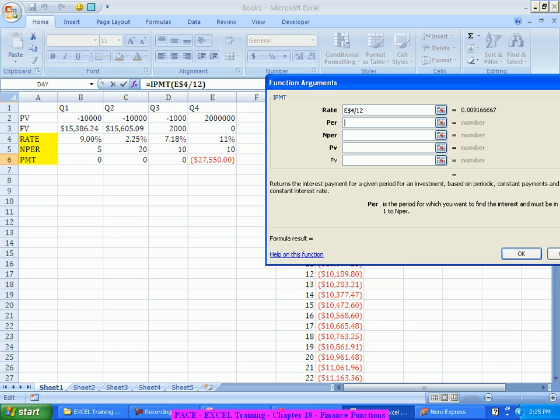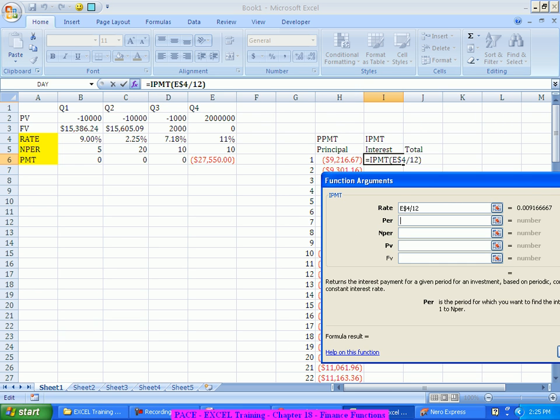The period will be this one. The NPER, this multiplied by 12. Then PV, the same things which we have applied in the PPMT formula, and FV.